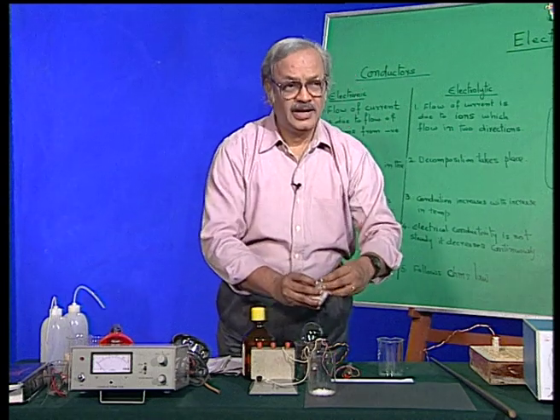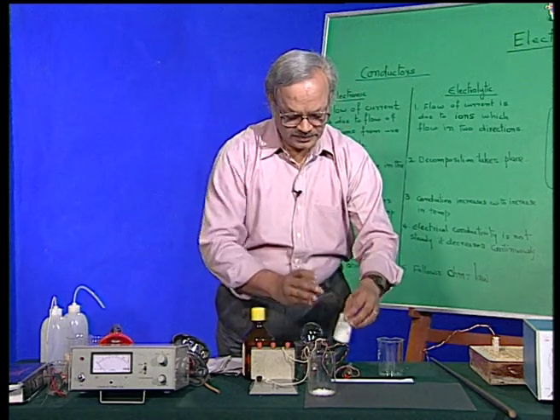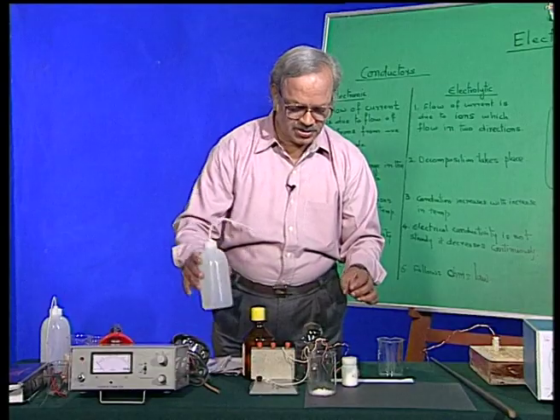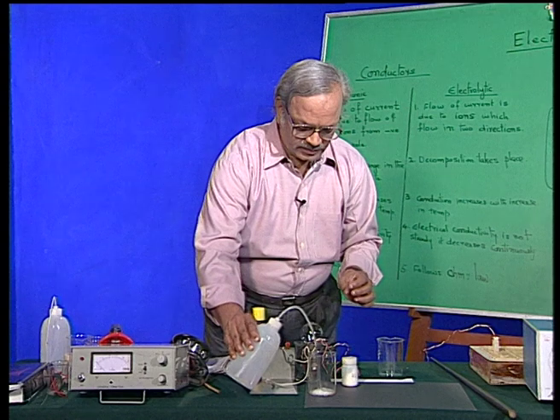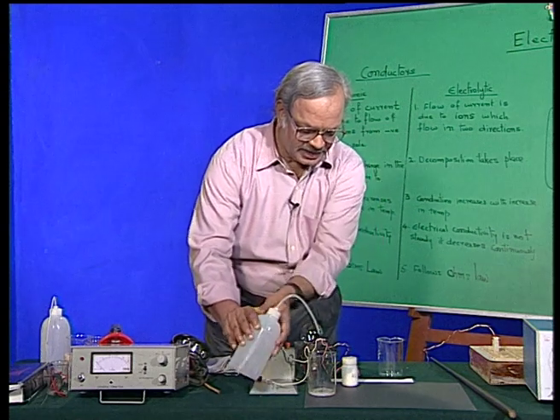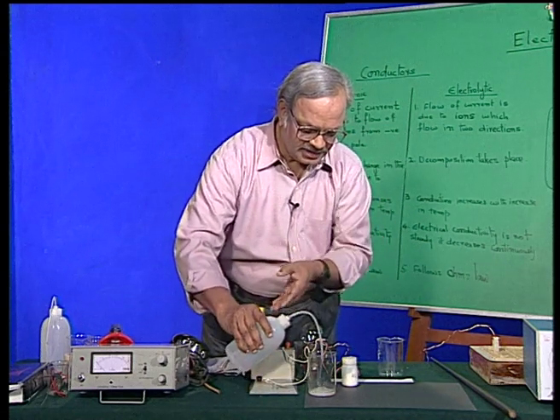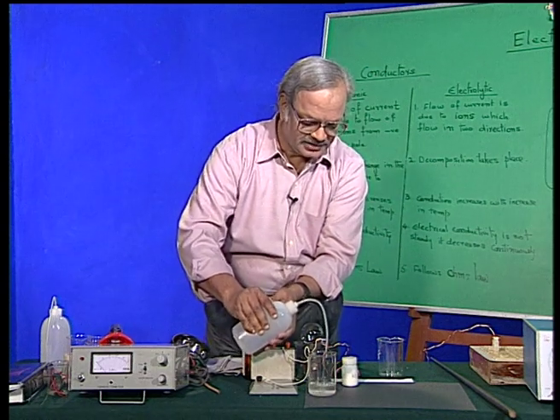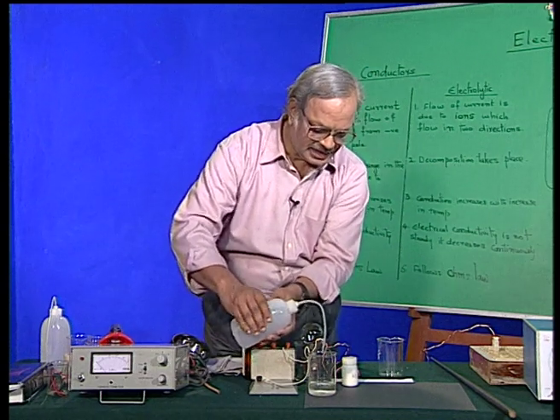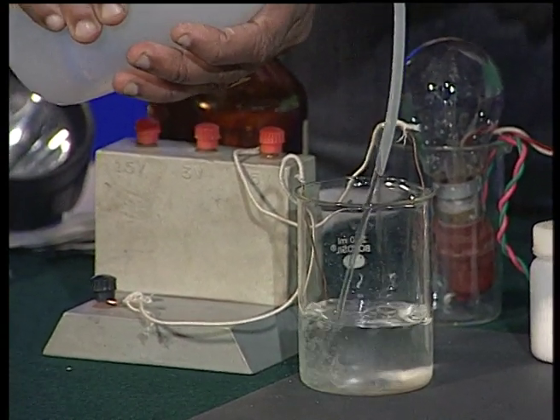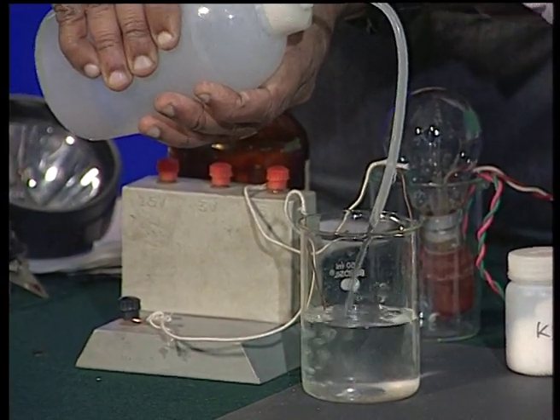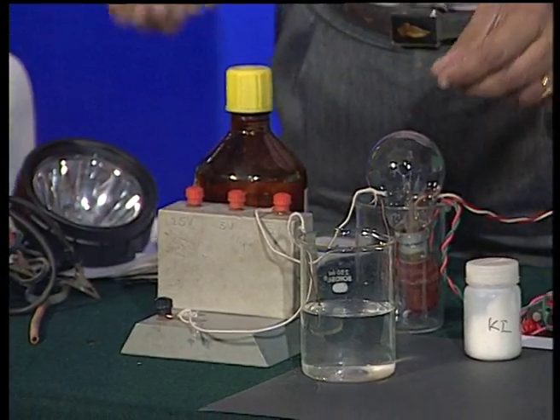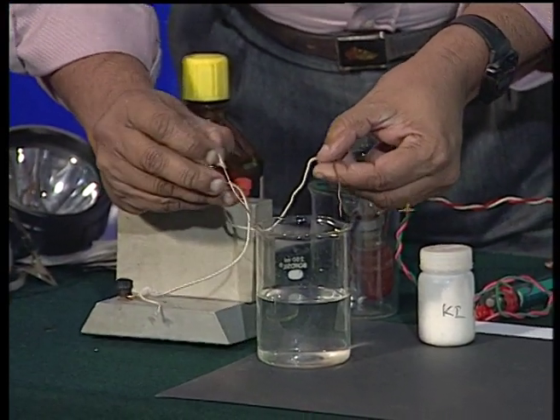I shall now add water and make it a solution. You know that potassium iodide dissolves very easily, and here we have an aqueous solution, that is a solution of potassium iodide in water. Now, we have some solid also left over.